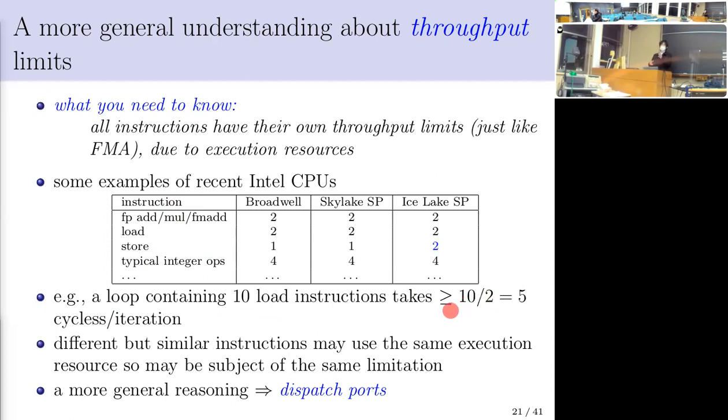So no matter how independent they are, this loop containing 10 load instructions can run only as fast as 5 cycles per iteration. So the throughput limit of instructions can be used in this way to reason about why this particular piece of code runs only so fast, and how to make it faster.